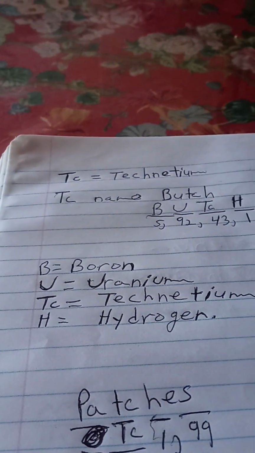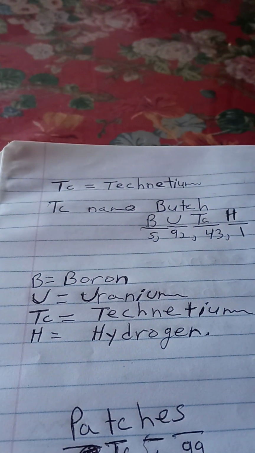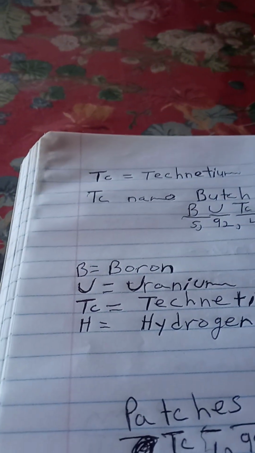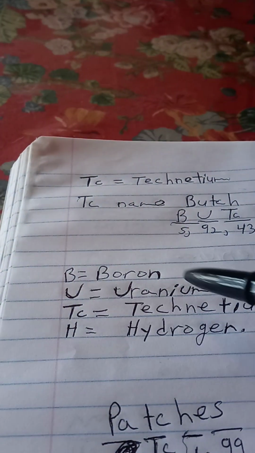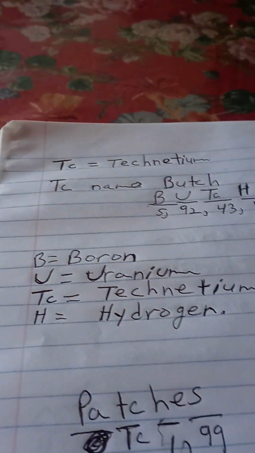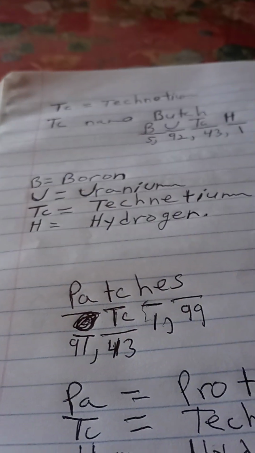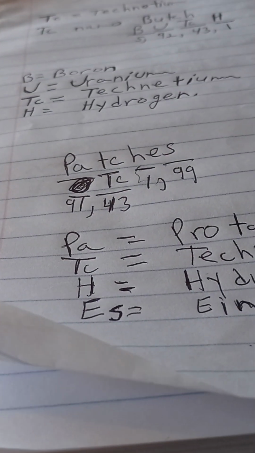The first letter is a capital letter, and the second letter is a lowercase letter. Now, if it only has one letter, like B for boron, U for uranium, and H for hydrogen, then it gets a capital letter. That's how it is in the periodic table of elements.